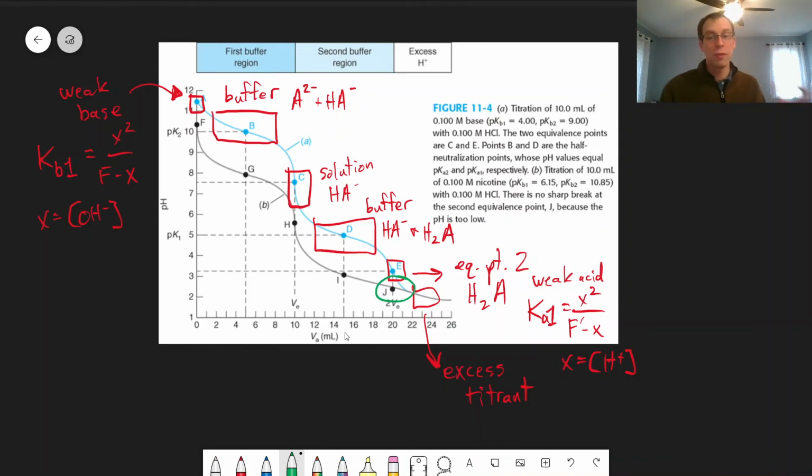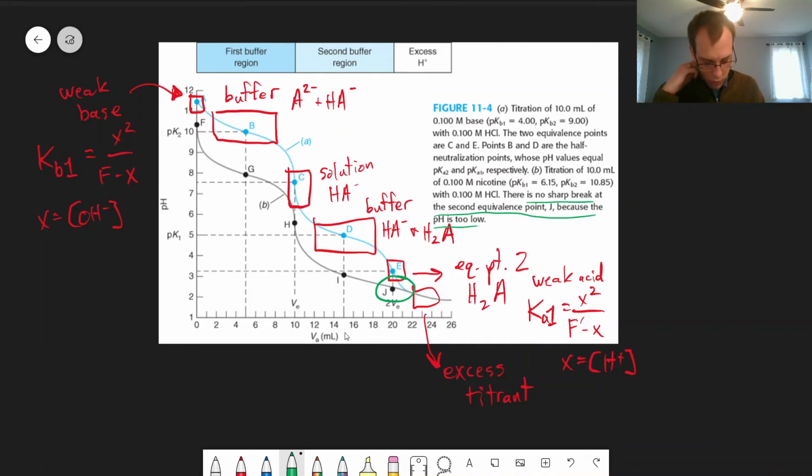And this can happen with either the first or second equivalence point. It's not limited to just the second equivalence point. But this happens just because the base is so weak, the pH doesn't change very much. And so you don't get a sharp equivalence point, as it says in the figure here. There's no sharp break at the second equivalence point because the pH is too low.